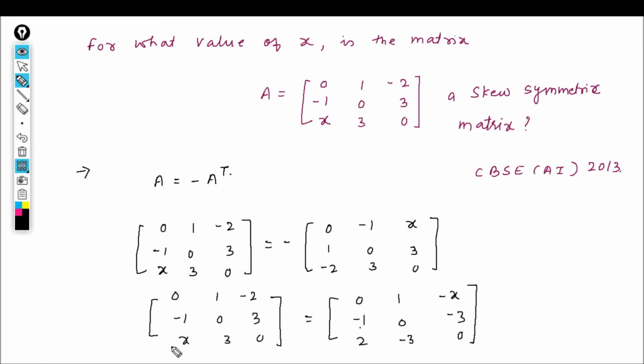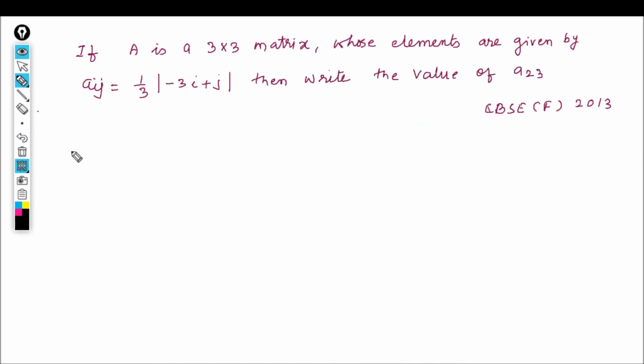So therefore we can say that equating now, x is equal to 2. So let us see one more question.